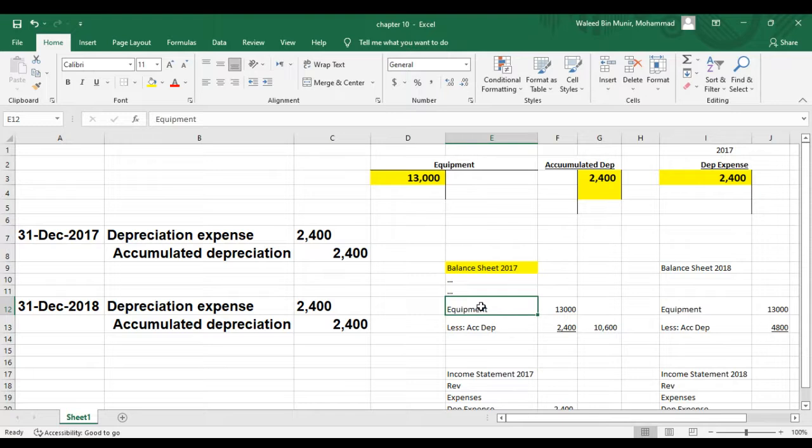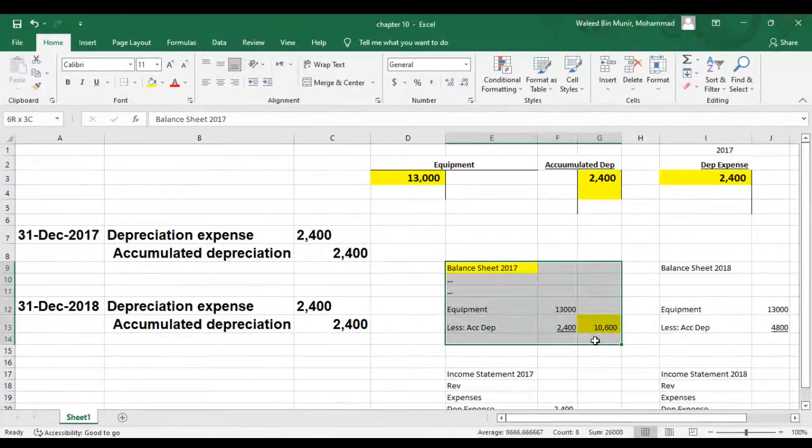Remember, in accounting, original cost always stays the same. 13,000 is the cost minus total depreciation, since it's the first year, 2017, 2,400. So the value of our asset, 13,000 minus this, is 10,600, the book value from that schedule. But in terms of presentation on a balance sheet, it is this one.